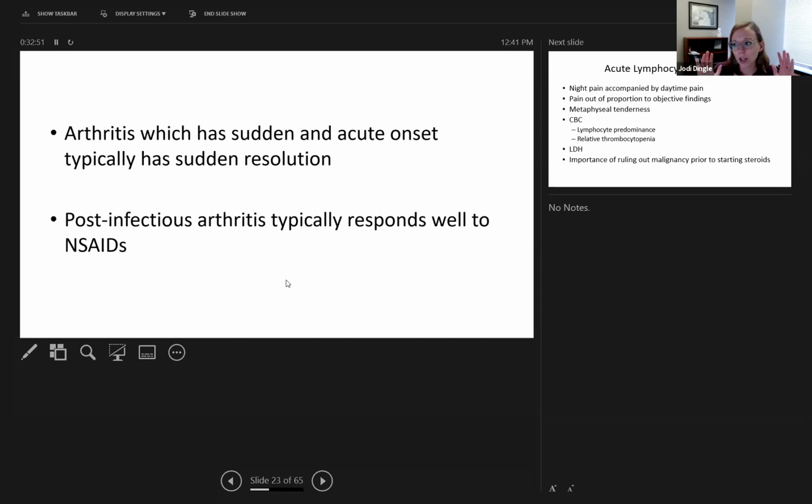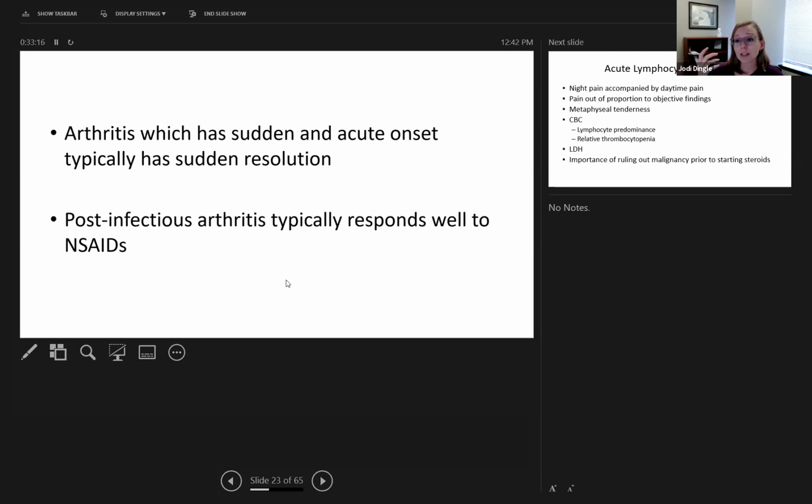In general, these are a couple things that I think are good to know about this category. If you have arthritis that comes out of the blue like that, with sudden onset, it typically will also have a sudden resolution. Rarely I've seen JIA come out of nowhere, but it tends to be more insidious.